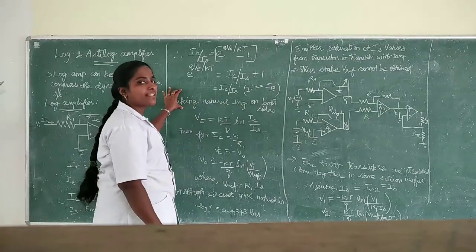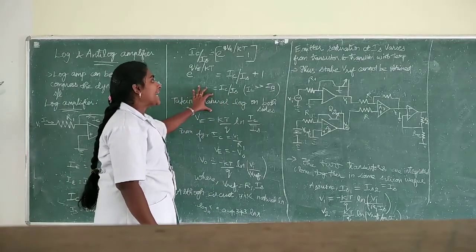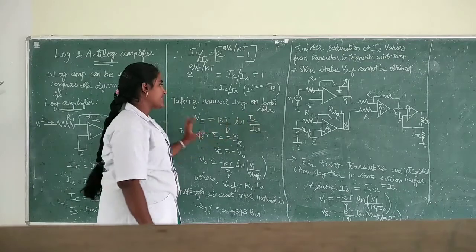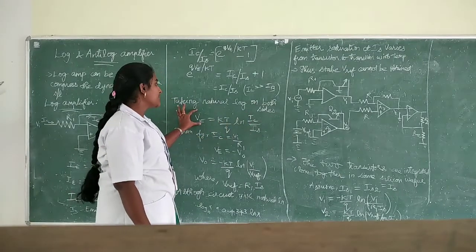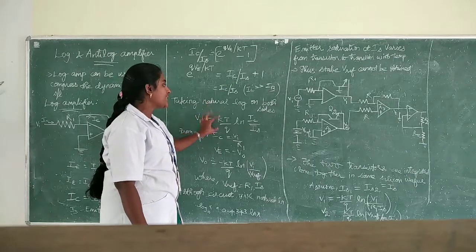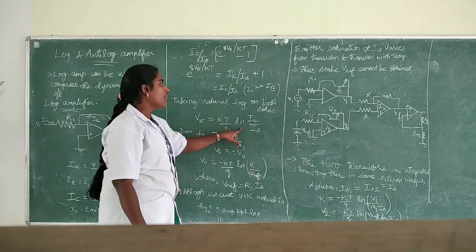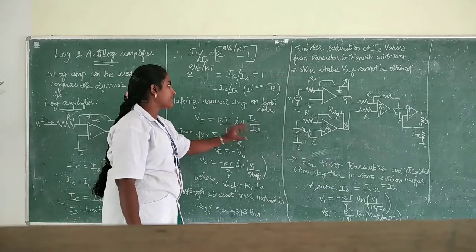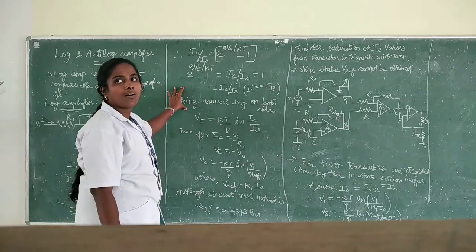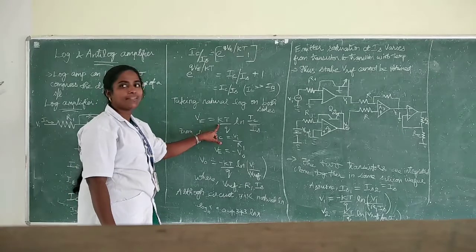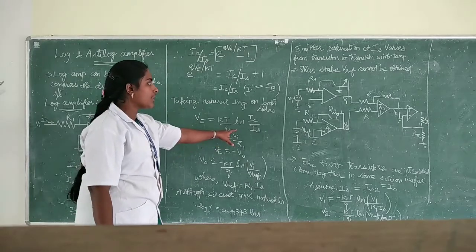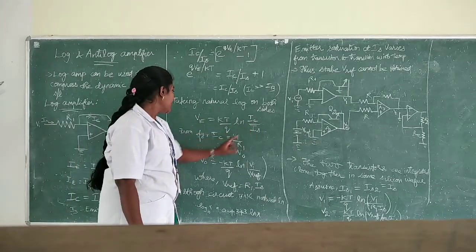Next, we have to take natural log on both sides. After taking natural log on both sides, you will get VE is equal to KT divided by Q into ln IC divided by IS.